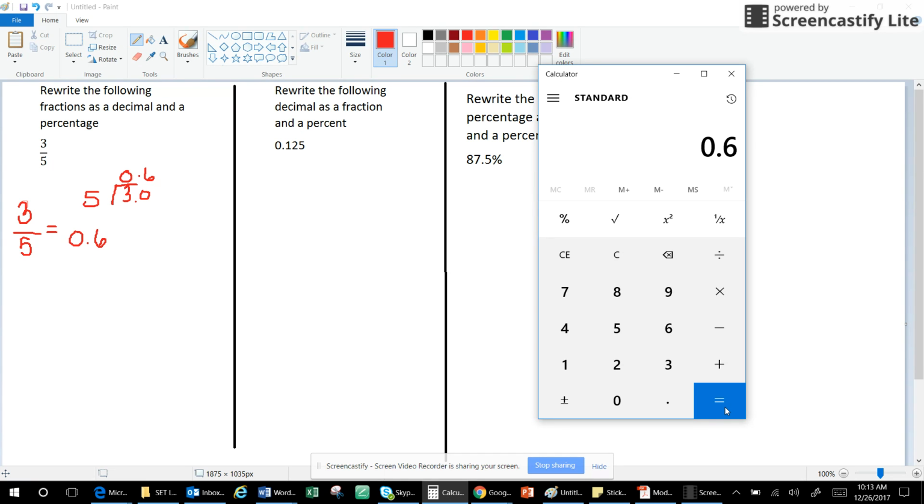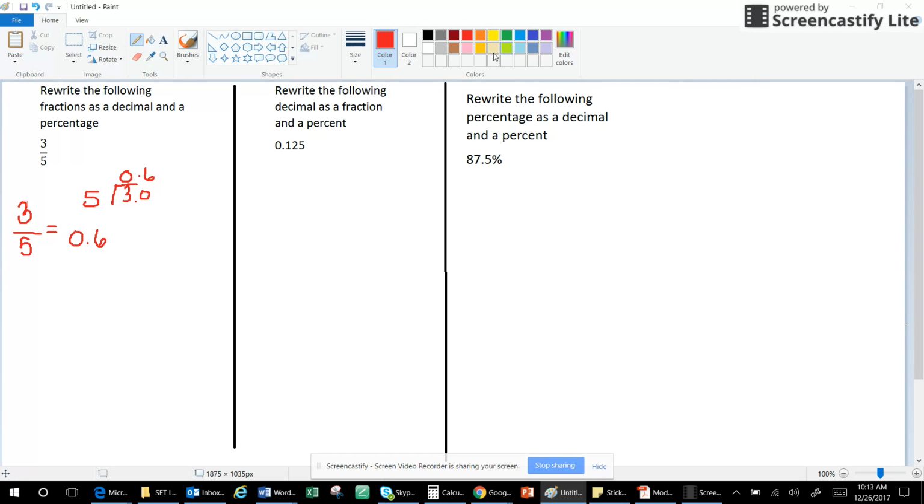Now that we have the decimal, we should be able to get it to a percentage. And I know they always give you that trick on move the decimal place. But a fun little fact here is that percentages actually tell you how to get from a percentage to a decimal. If you look at the symbol, it actually tells you to divide by 2 zeros or 100. A percent literally means for every 100, or divide by 100.